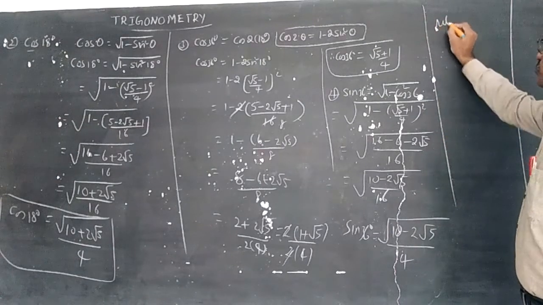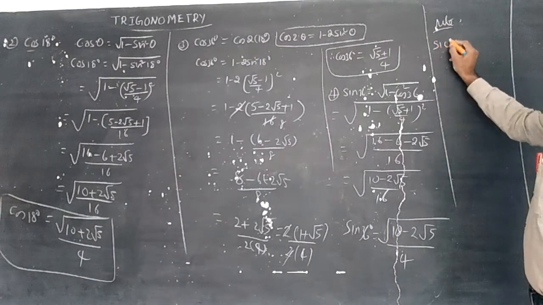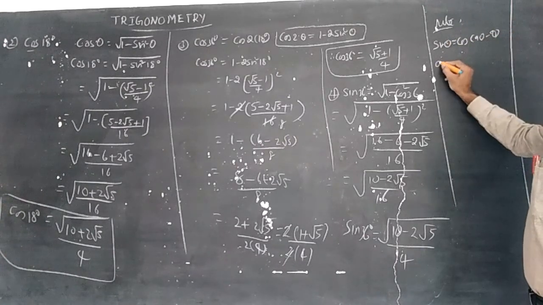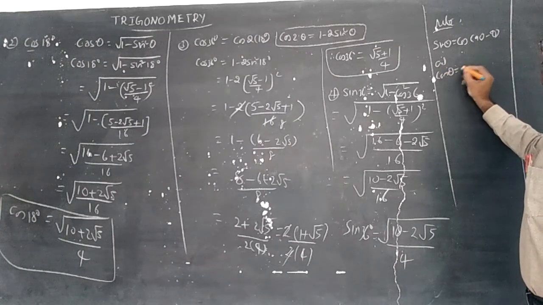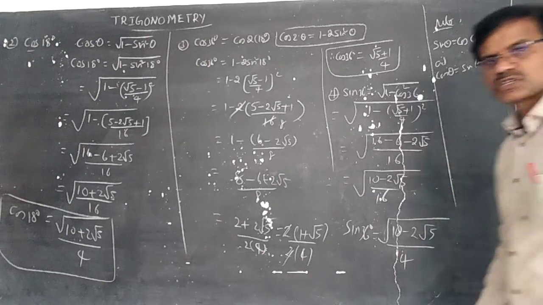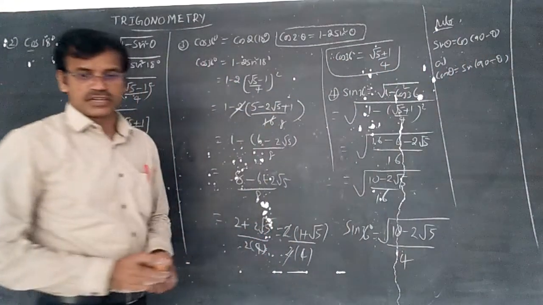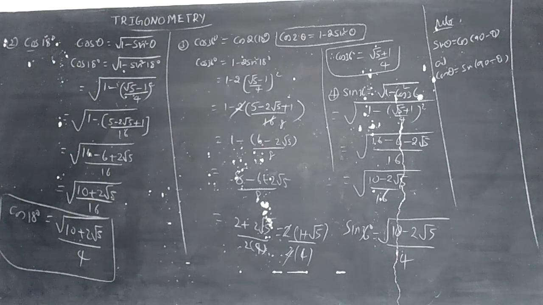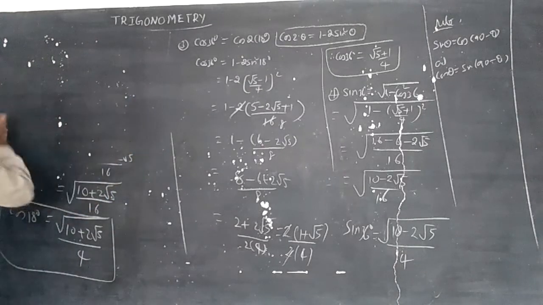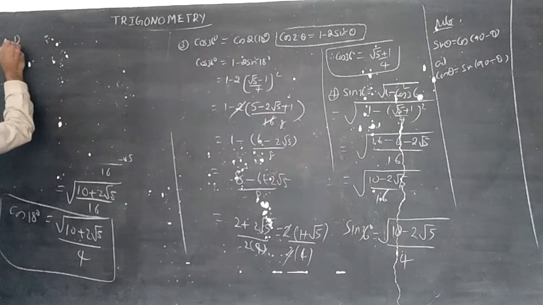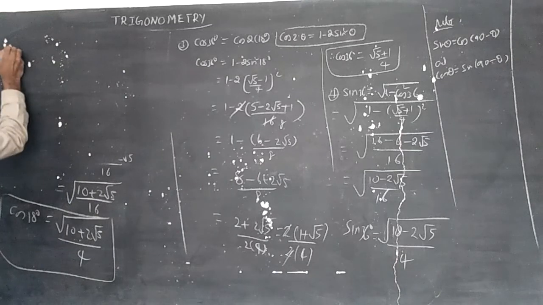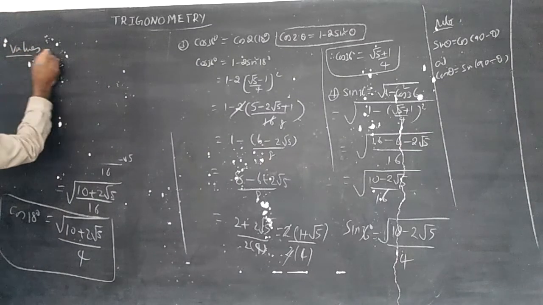Here, note one point I want to discuss with you. Sin theta is equal to cos of 90 minus theta, and cos theta is equal to sin of 90 minus theta, according to allied angles, the first quadrant concept. So using this, first formula, I am discussing the values.